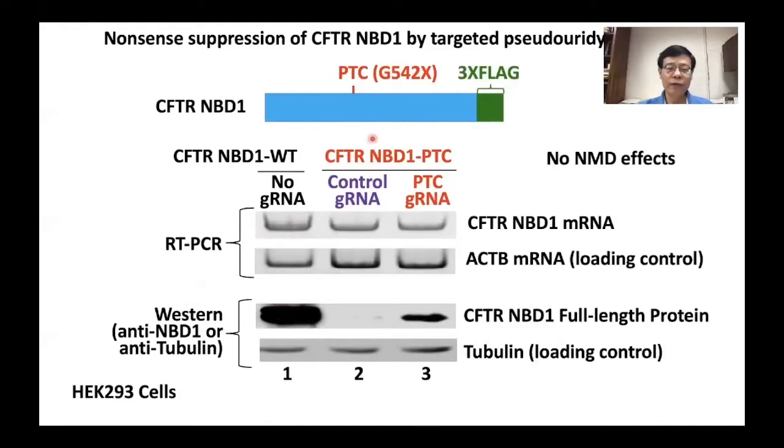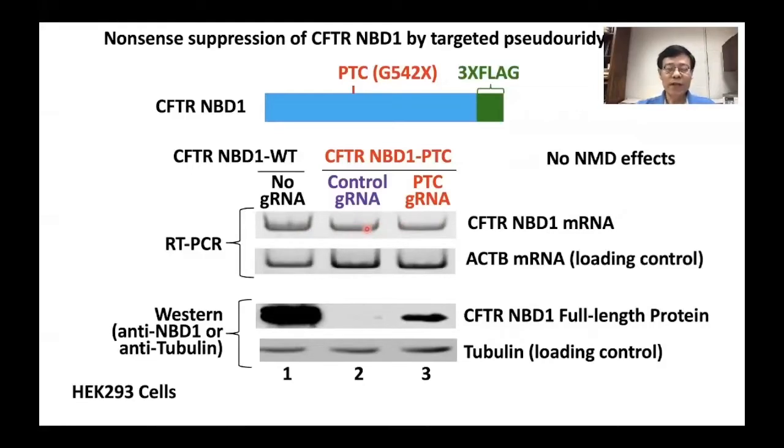But now, if we transfect this PTC containing CFTR gene and co-transfect it with a control or PTC specific guide RNA into the cells, then we measure RNA and the protein again. As you can see, the messenger RNA level actually was not changed, it's just about the same, with a very small reduction.